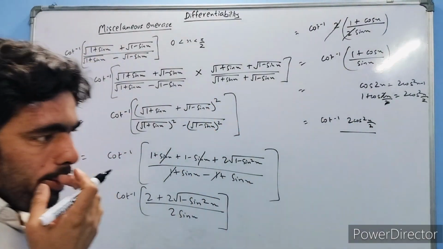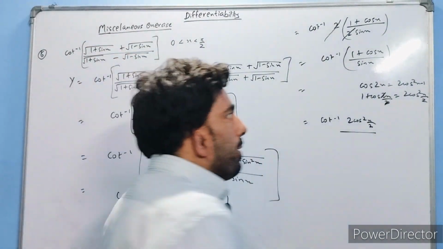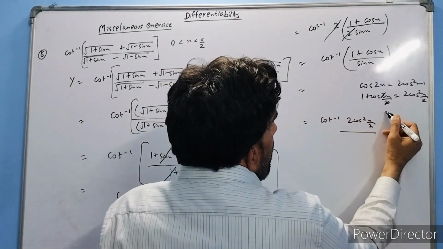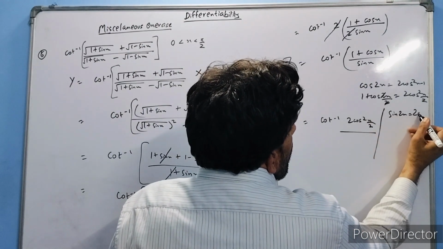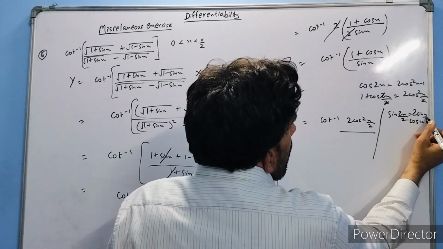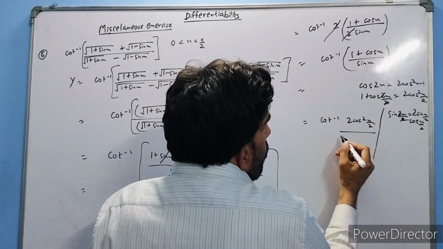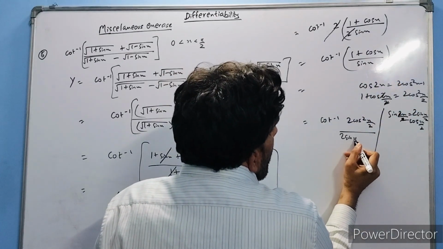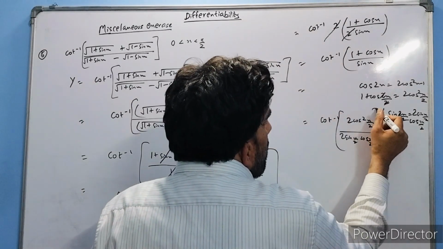We use the formula for sin 2x, that is sin 2x is equal to 2 sin x cos x. Dividing the angle by 2, I can write sin x as 2 sin x by 2 cos x by 2.